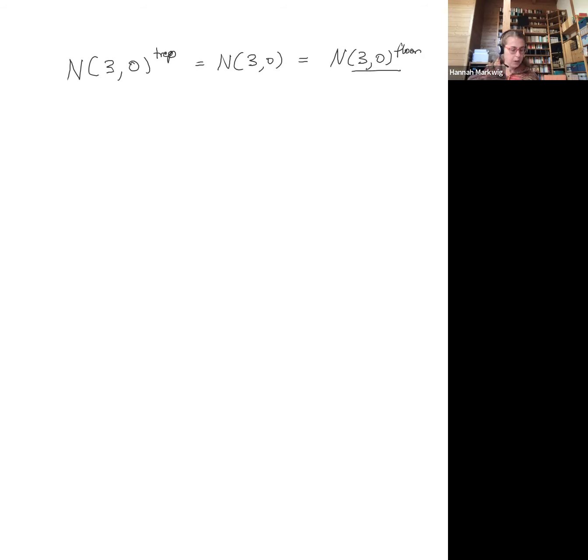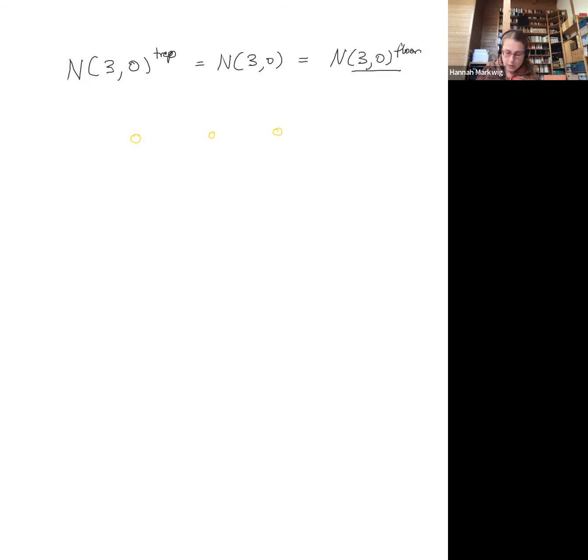Well, first, we know there must be 3 floors. So let's start by drawing 3 floors. Then we know that, what do we know about the edges connecting the floors? They have to be connected, of course. There have to be elevator edges connecting those floors.